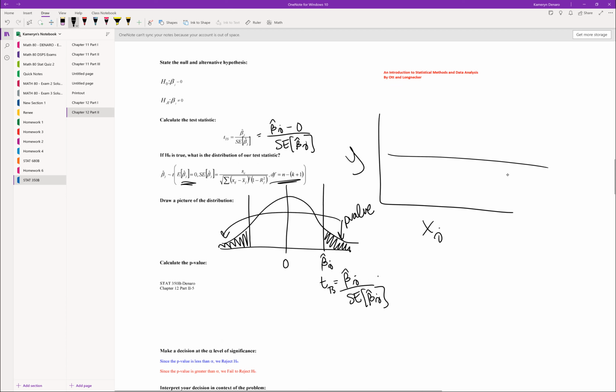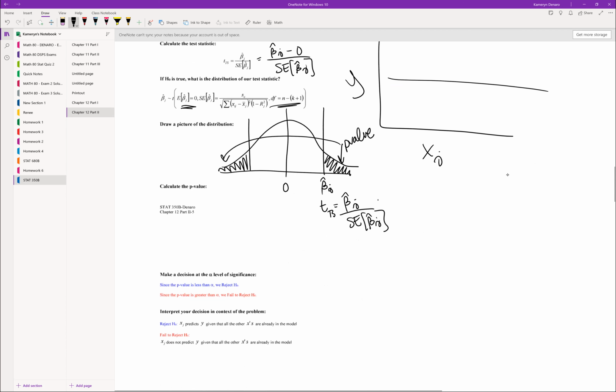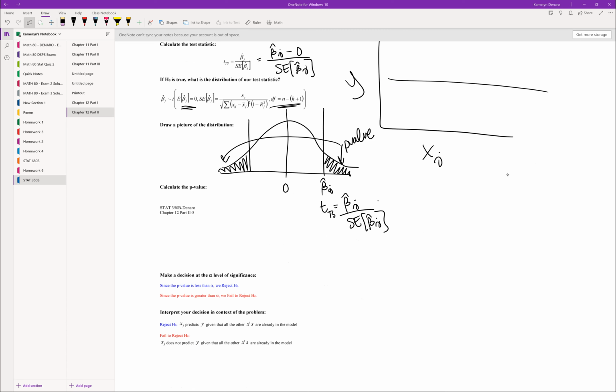But before we talk about how to calculate, we're going to make a decision at the alpha level of significance, right? So if our p-value is less than alpha, we're going to reject H0. So if we set up our curve, and if we had a two-sided test, we're going to put alpha over 2 in each of the tails, right? From there, we could get our critical value, and this one over here is going to be negative.